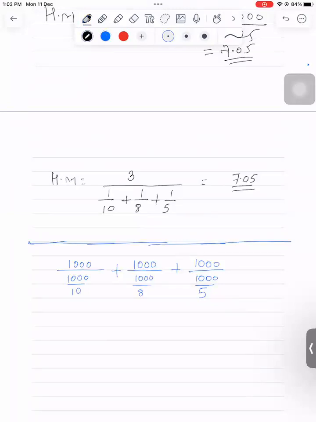See now what will happen, 1000 will go one time. So what is left in the numerator is 1 plus 1 plus 1, which is 3. And what is left in the denominator is the reciprocals of NAV.